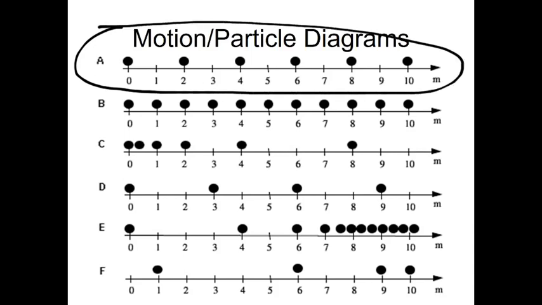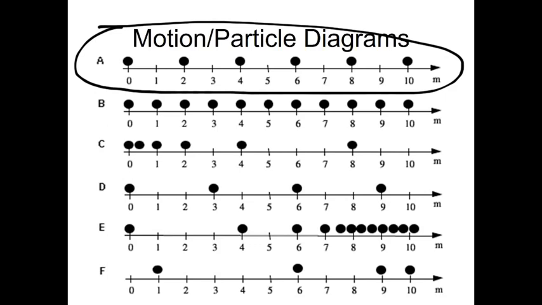So the particle starts out at time 0, right there. After 1 second, equal time intervals. Let's say the time between all these little dots, all these little black balls, is 1 second. So after 1 second, this object has now moved from 0 to 2 meters.